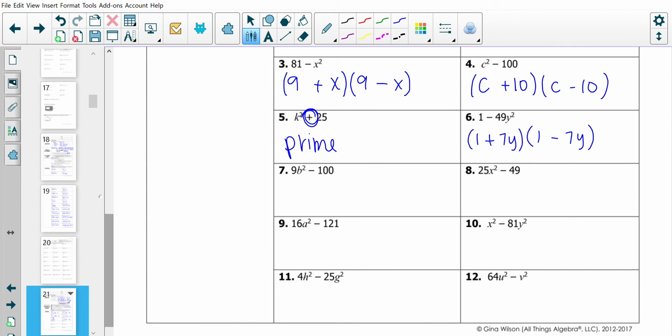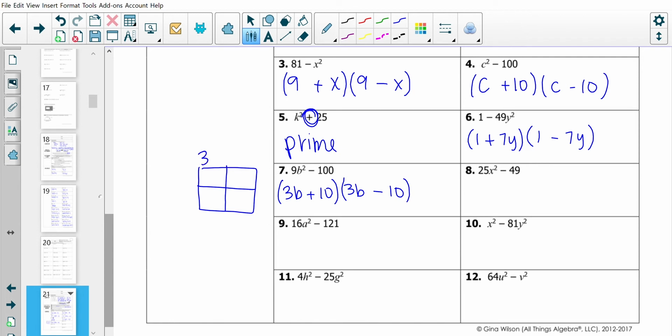Number 7. Square root of 9 is 3. Square root of b squared is b. 100 would be 10. And you have plus and minus. Okay, remember, if you aren't sure if you're doing it right, go check with your box method.